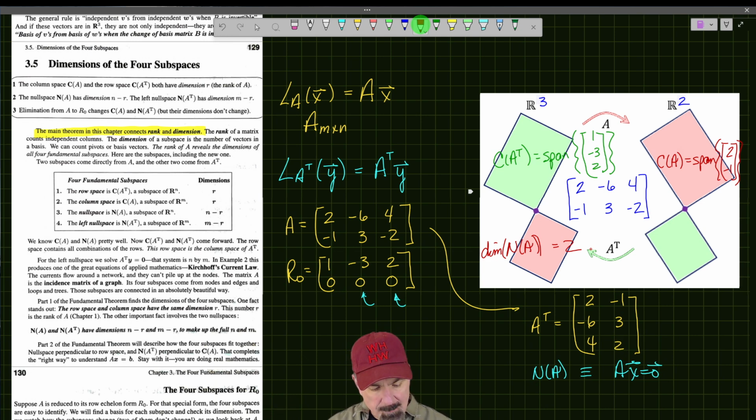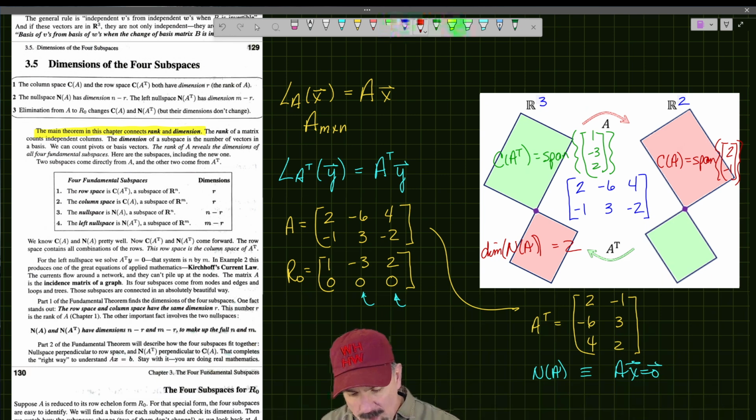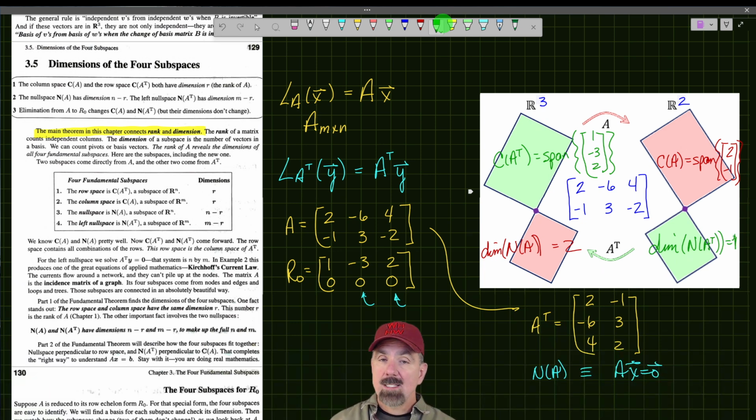Similar conversation then, if we look at the RREF of A transpose, it will have one non-zero row and it will have one free variable. So on this side, the dimension of the null space of A transpose is equal to 1. So we're not talking about what the actual basis vectors are. We just want to understand at this point the size of these different subspaces.